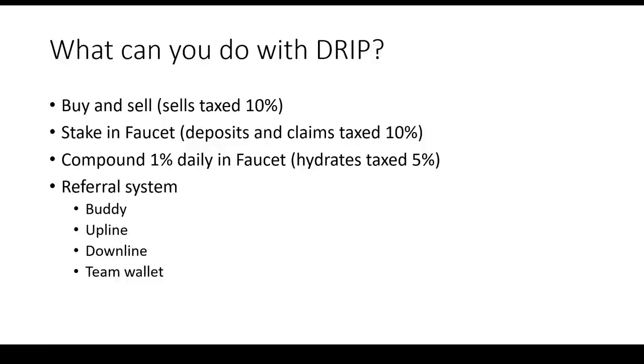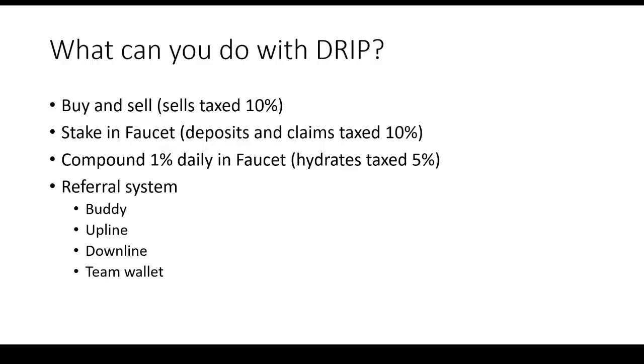So again, if you deposit 100 Drip tokens into the Faucet contract, you're only going to get credit for 90 of those. If you have 100 Drip tokens on your available Faucet and you claim those, you're only going to get 90. And then when you go to sell those, you're going to get 90% of that, so 81. So keep that in mind.